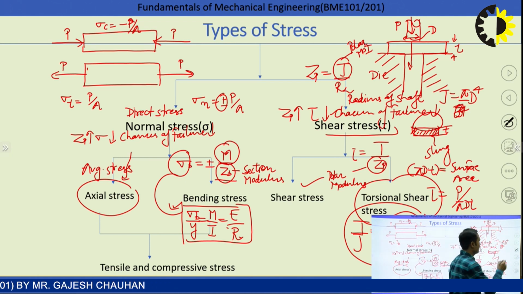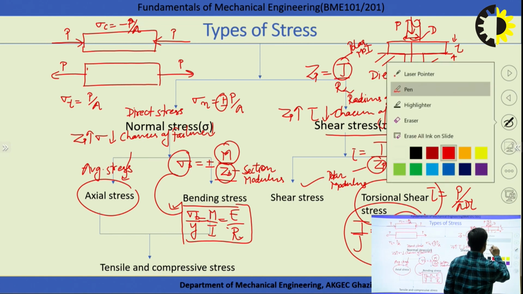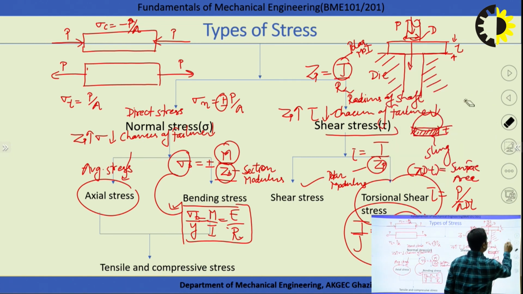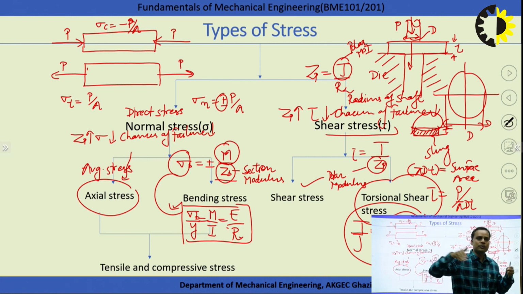Oh no, sorry. The value is not this one. Sorry for that. The value of J, because ZP is the polar modulus, not the moment of inertia. For any circular body, if the diameter of the circular body is d, the moment of inertia about any of the diametral axes, either x or y, what is the value?